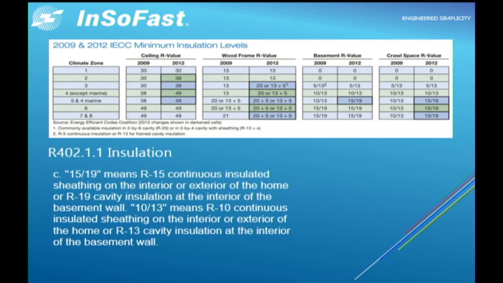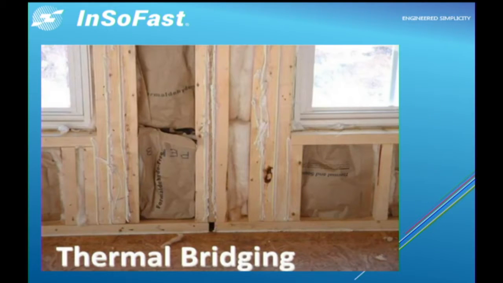So R-15 means R-15 continuous insulated sheathing on the interior or exterior of the home, or R-19 cavity insulation at the interior of the basement wall. R-10, R-13, same thing. And what they're really talking about there is the inefficiency of wood frame construction.